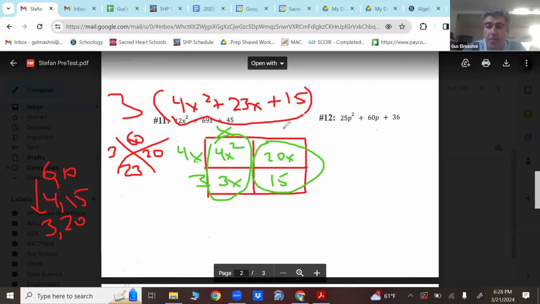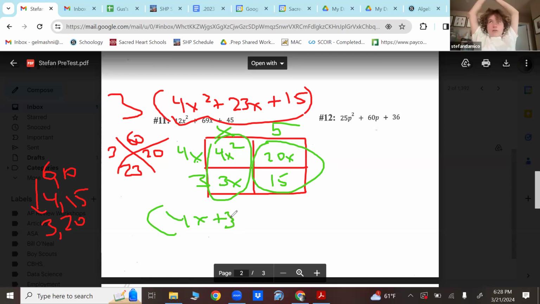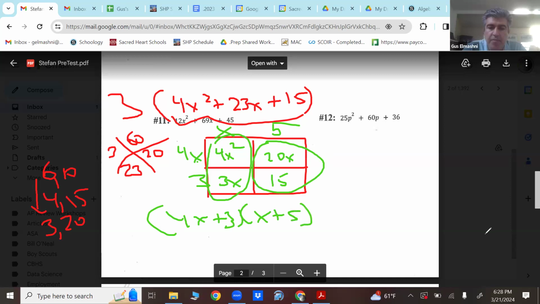What can you take out of the second column? 5. Good. So 4x plus 3, 4x plus 5. And that's it. Oh, no, don't forget about the 3 on the outside. That was there all along. But yeah, that's it.